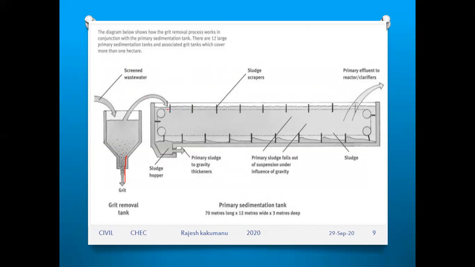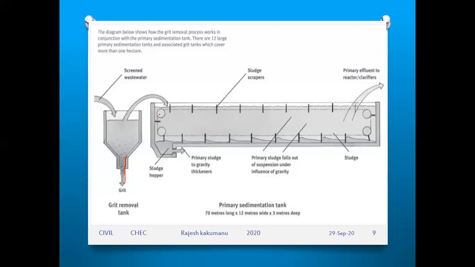Here the water is dumping into this chamber, whereby whatever small particles are present inside the sewage water settle at the bottom, and you have scrapers again where the sludge is automatically fed to the sludge disposal hopper.